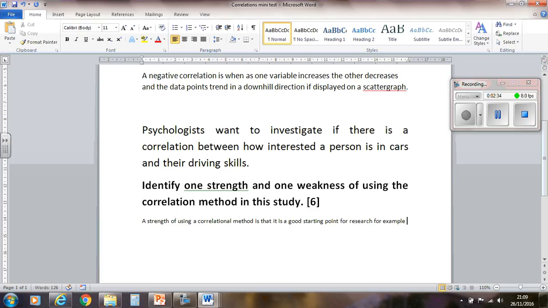For example, this would allow us to determine if a person's interest in cars is related to their driving skills, and if it is, we could then conduct an experiment to find a causal relationship.